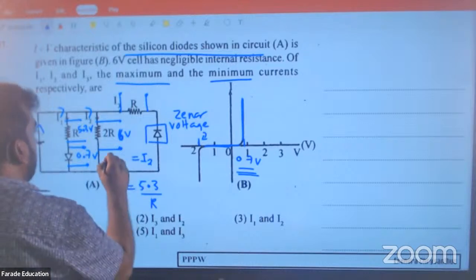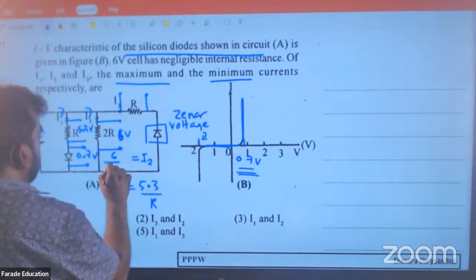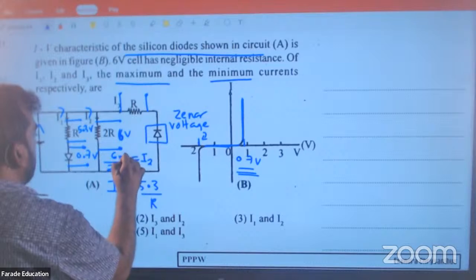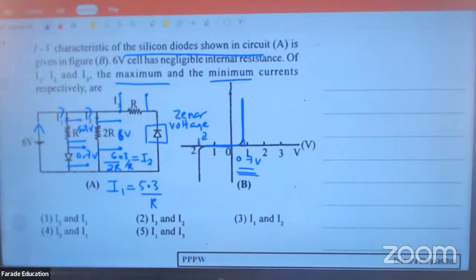So here you can say I2 is 6 divided by 2R, which is 3 divided by R.